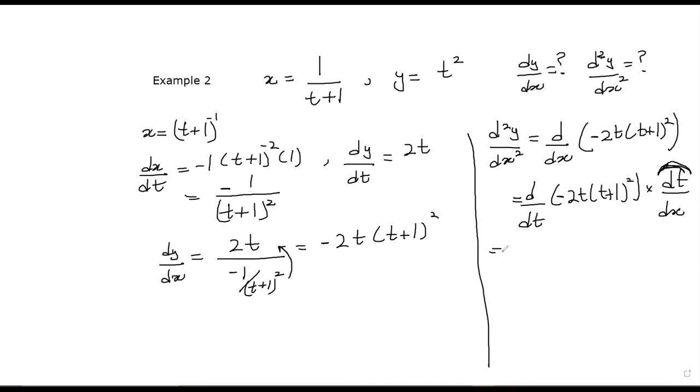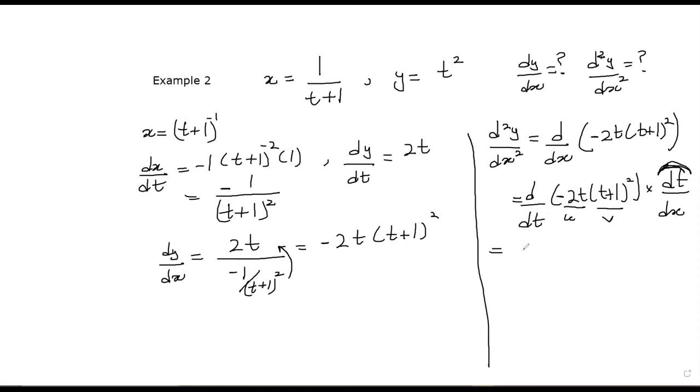So let's do this. Using the u into v rule, which is the product rule, we will be able to differentiate this. Our u in this case is minus 2t, and v is t plus 1 whole squared.